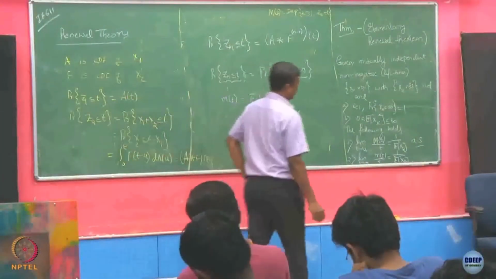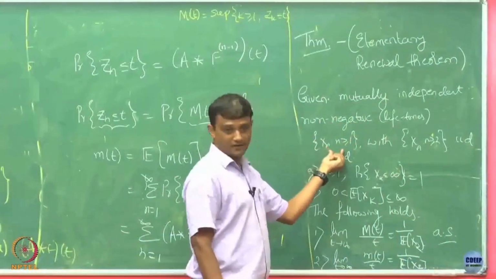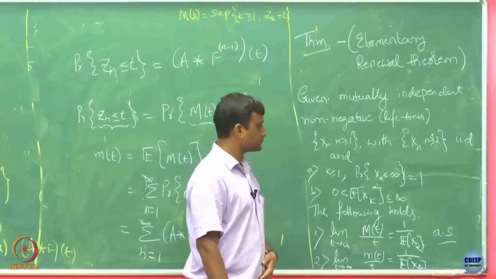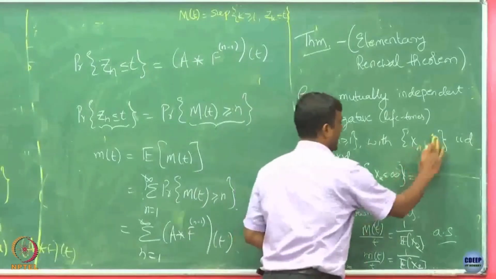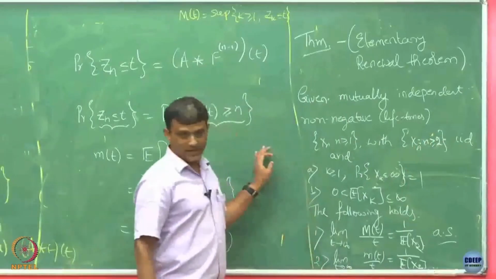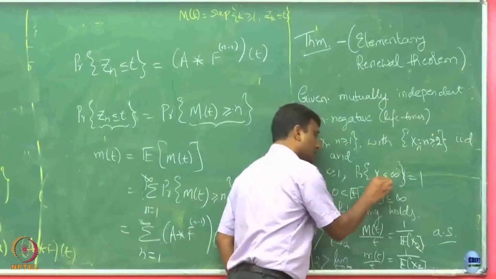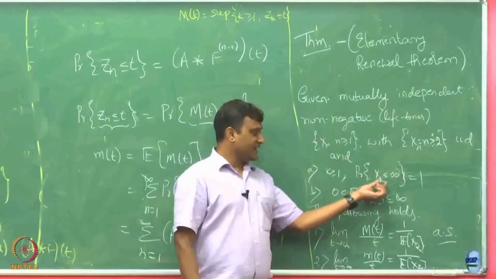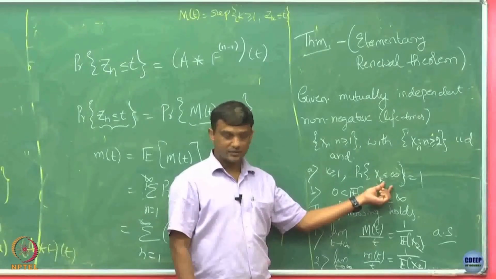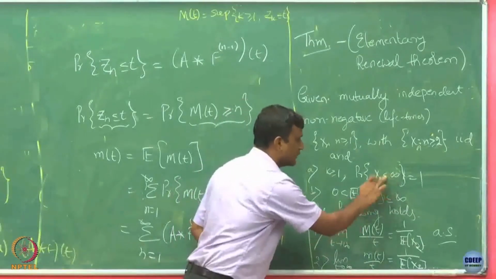So what it says is, as usual we are going to take a mutually independent non-negative sequence of random variables, such that they are IID distributed for n greater than or equal to 2. Further, let us say the probability that each of the renewal times is finite is 1.